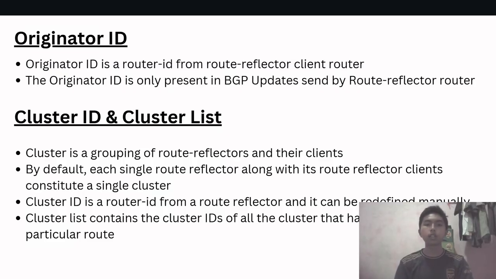Okay, that's all, some little explanation about originator ID, cluster ID, and cluster list. Why do I explain it in the beginning? Because these two attributes are the ones I will highlight in this video, in this configuration. So let's jump to the configuration using PNETLab.